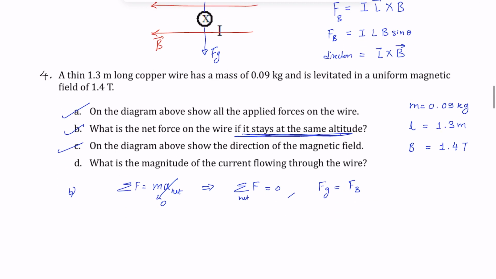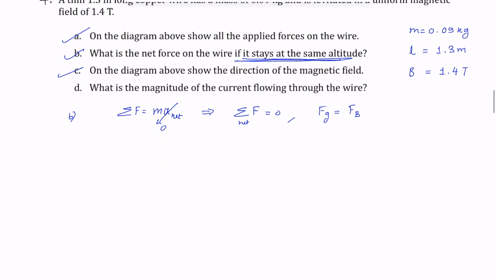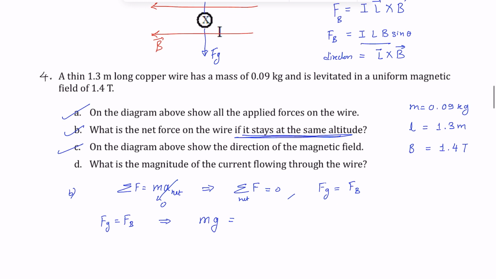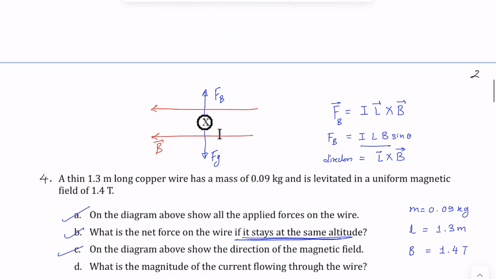Because if the wire is levitating, that means the gravity should be balanced by the magnetic force, because there's only two forces there, right? So this should be the case. And I'm going to solve this equation, which says Fg equals Fb. This means Fg is equal to mg, and that is equal to, from here, I L B sine theta.